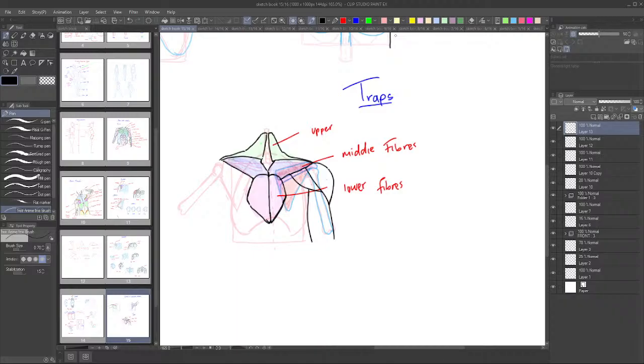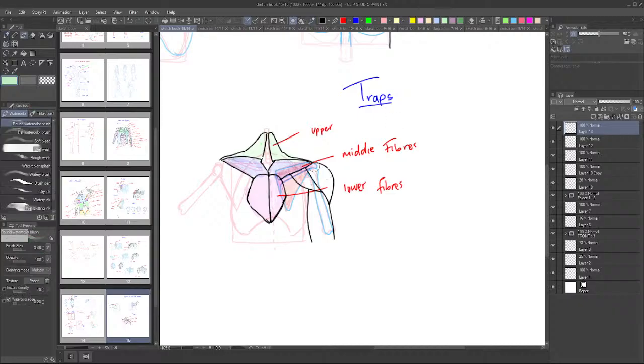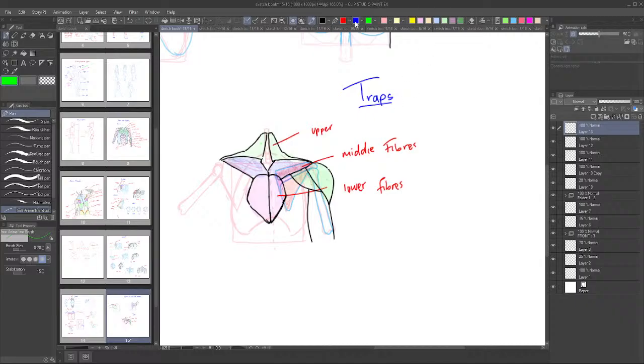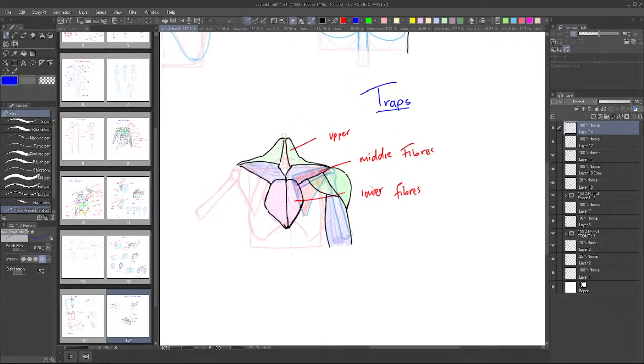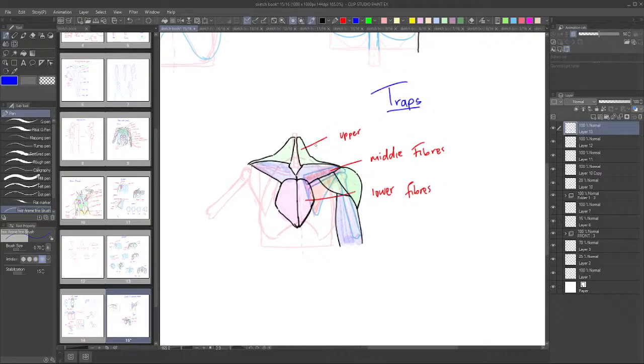All right, guys. Okay. We are not focusing so much on this lower part, this part of the biceps and triceps. Okay.